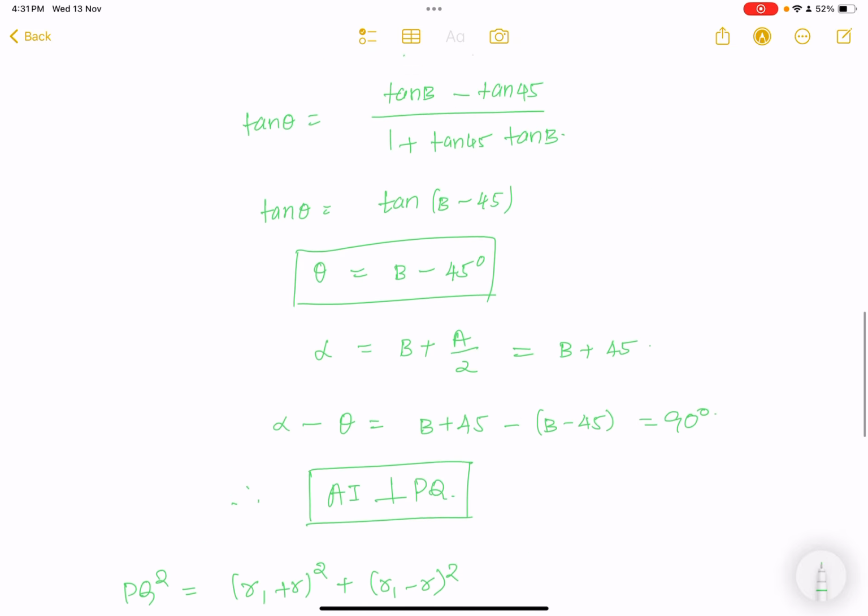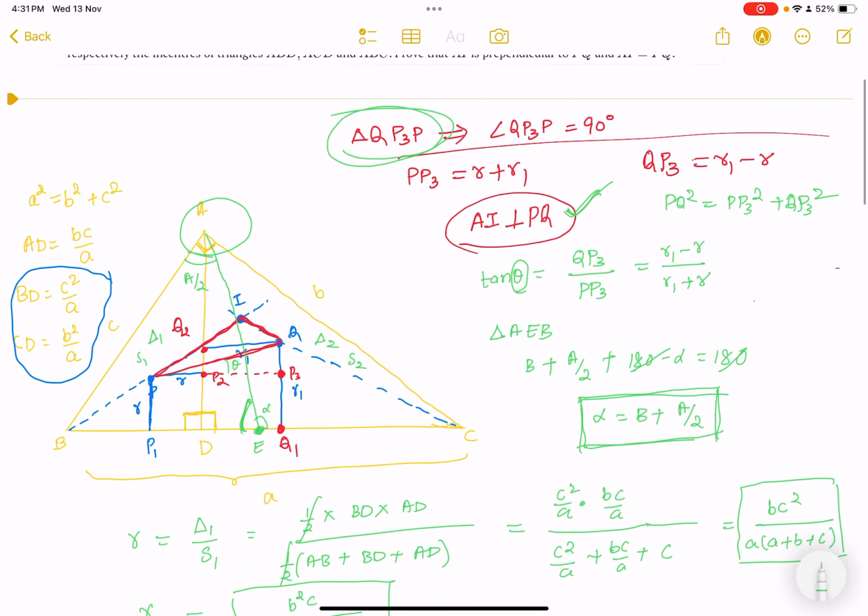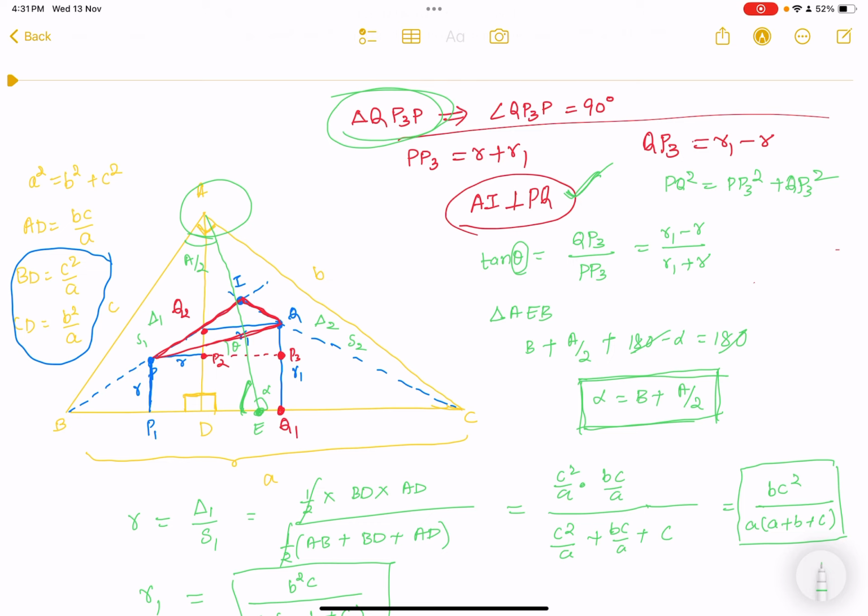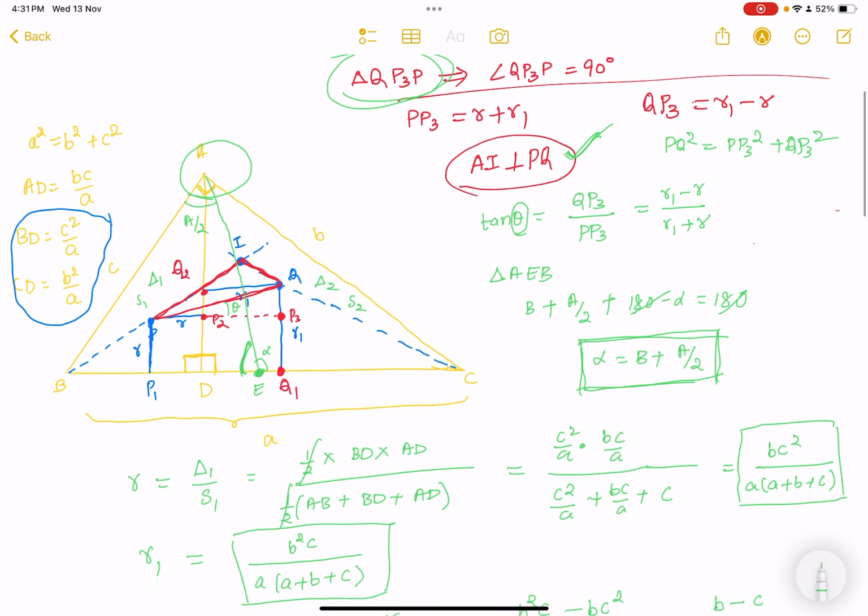Now let us find out AI square as well. A is the vertex and I is the incenter. So what is AI? AI will be R cosecant A by 2. Correct? And R will be delta upon S, and cosecant A by 2 is cosecant 45.